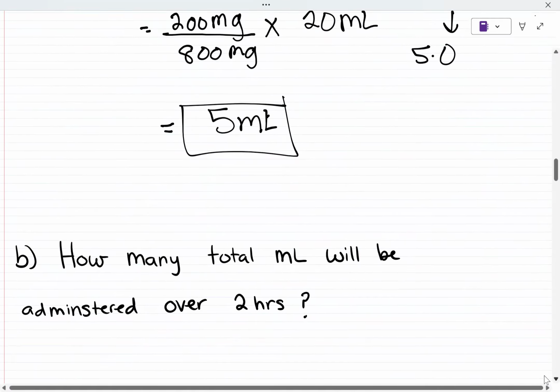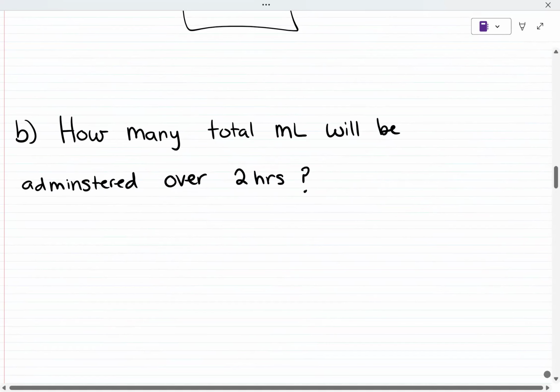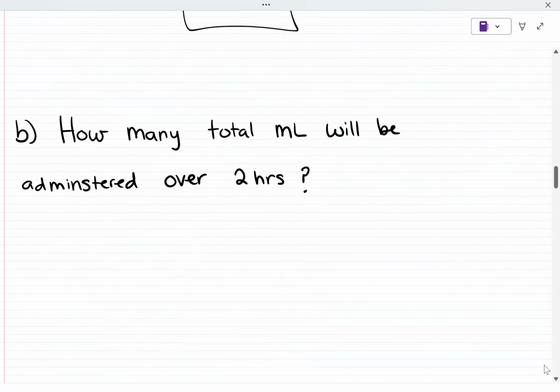Okay, part B says how many total milliliters will be administered over 2 hours. So in part A, the question was how many milliliters will you remove from the vial? We said it was 5 milliliters.